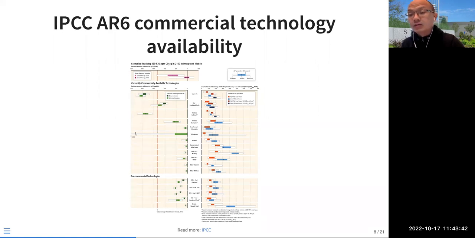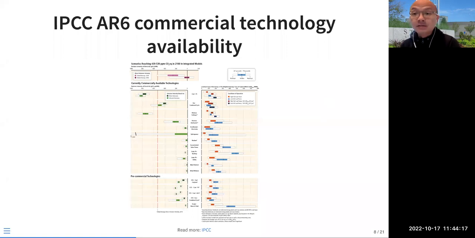It's an indicator to show how competitive the technology is compared to other technologies. And as you can see here, the lower cost, lower carbon technologies, renewables, are achieving grid parity. They are competitive with the conventional or fossil-based technologies. And that's good news.